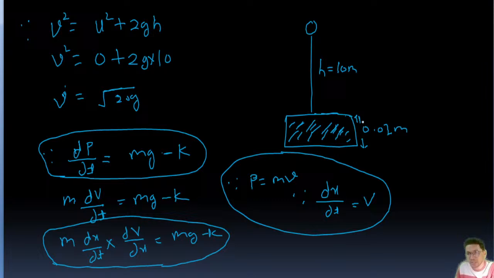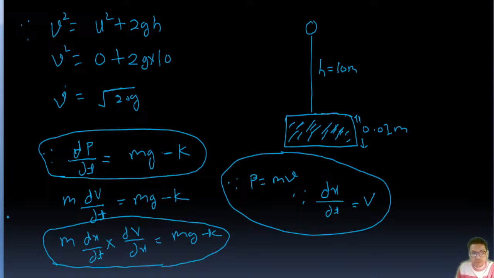The cushion gets depressed by 0.1 meter, right? So we'll measure height from bottom to top. This height here is 0, and here it is 0.01. So we'll write the limit like this.